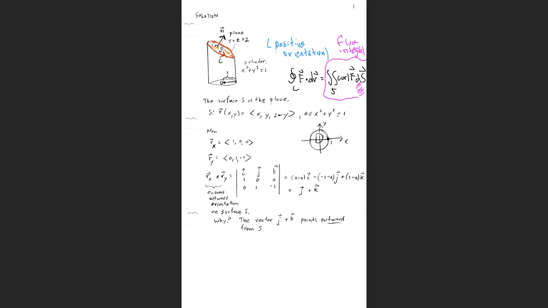Well, if we go back to the formula sheet, which is why I have it here, here is the formula to compute flux. Now, instead of the vector field F, we have a vector field that is just the curl of the vector field.